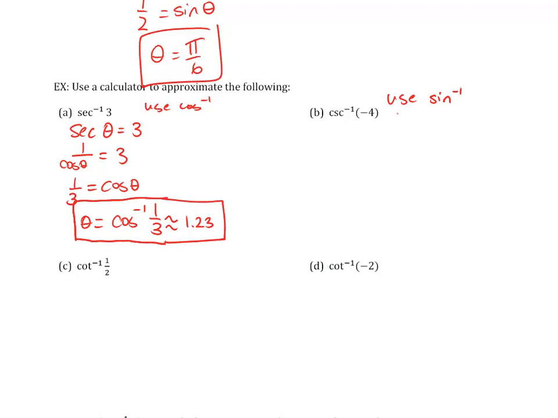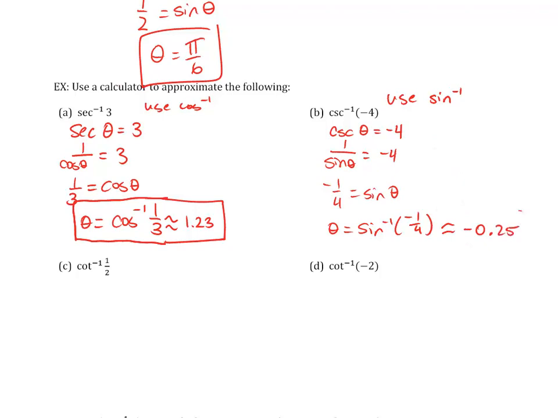So with cosecant inverse, we'll rewrite this as cosecant of theta is equal to -4, which means 1 over sine of theta is equal to -4, or -1/4 is equal to sine of theta, which says theta now is the sine inverse of -1/4. So I'm going to use my calculator, plug that in, and I get -0.25 as the approximate value for theta. So that is the same as the original problem.